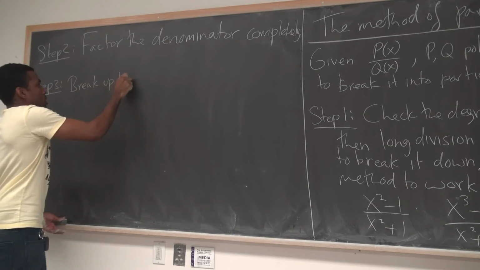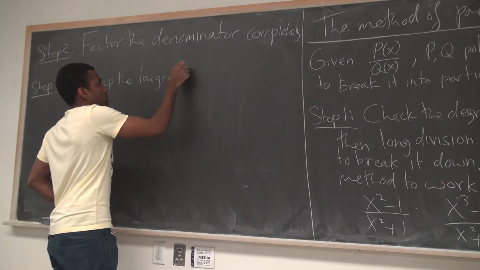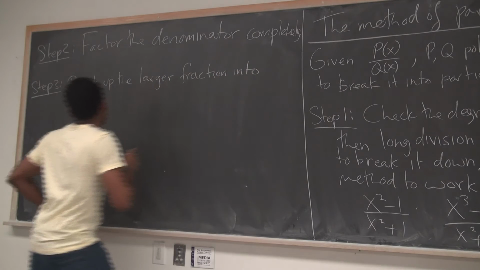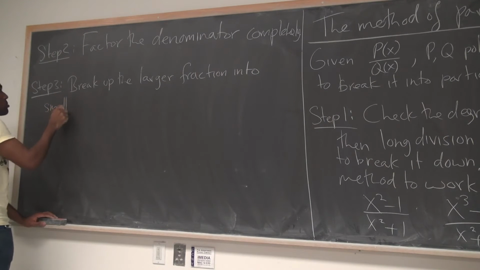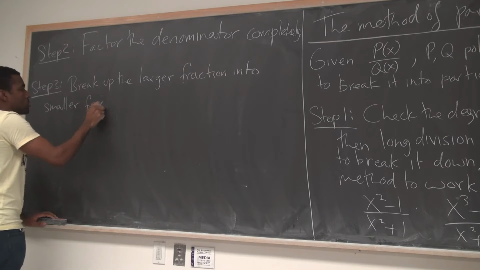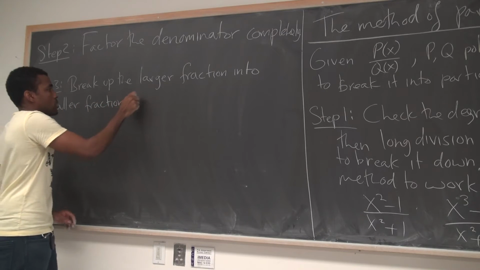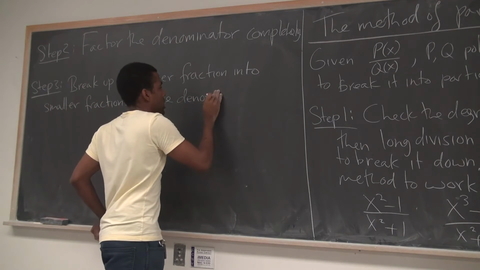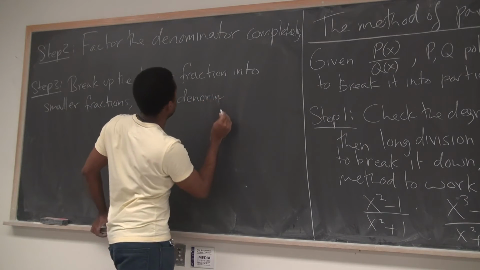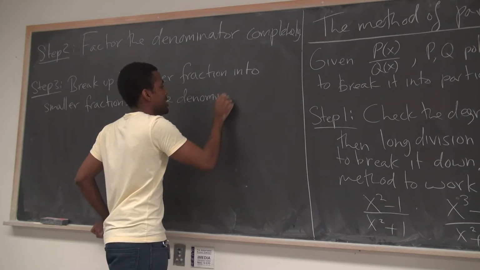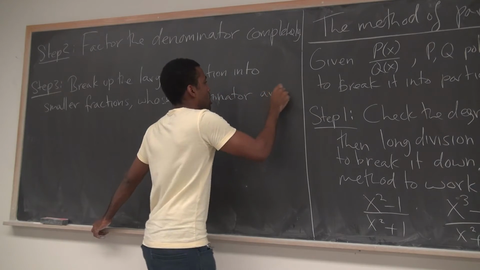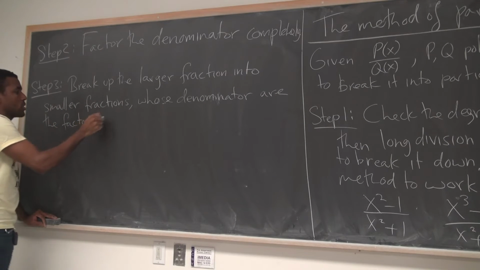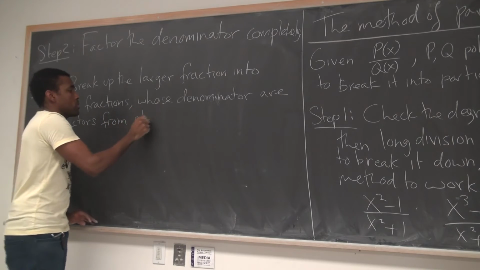Break up the larger fraction into smaller fractions whose denominators are the factors from step 2.